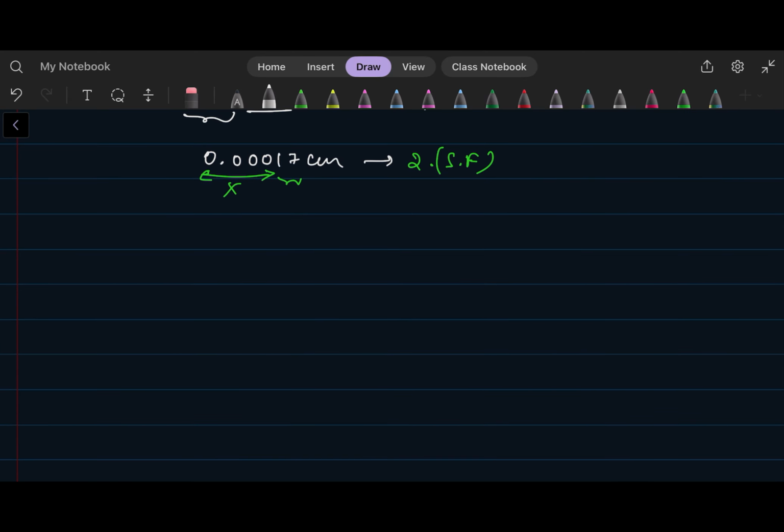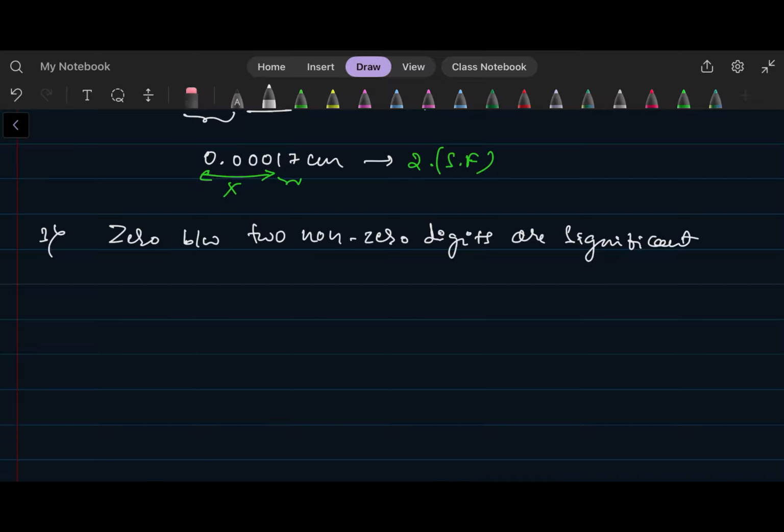Rule number 3 says zeros between two non-zero digits are significant. We will discuss with examples, then you will understand.